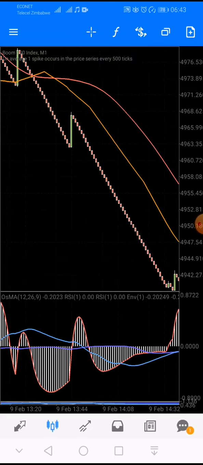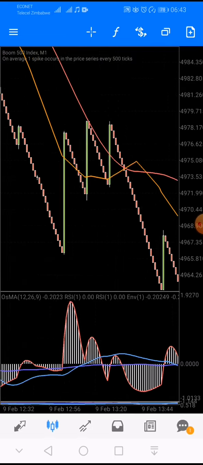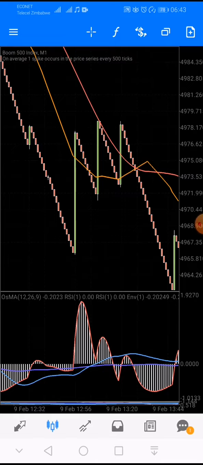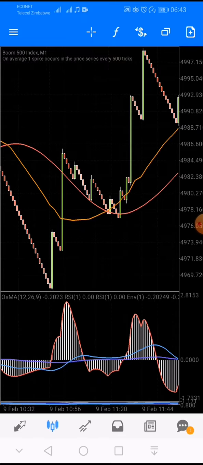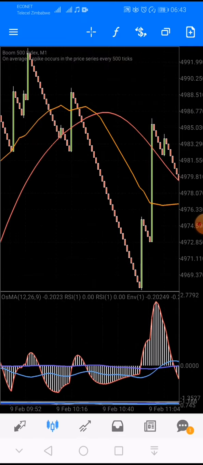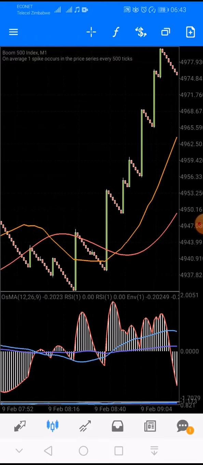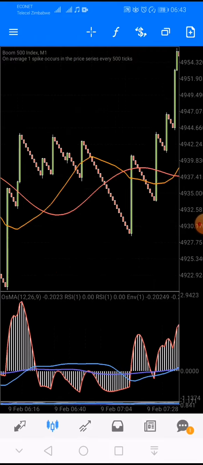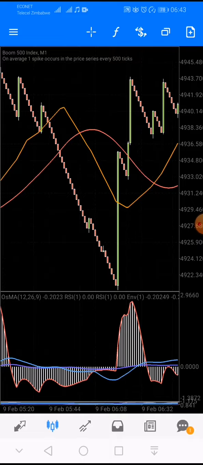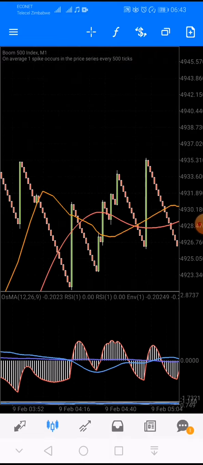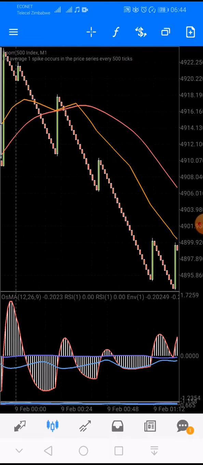So today we'll be analyzing this OsMA system, and we'll be using the whole day of 9 February for analysis on Boom 500. So we are going to start at o'clock.